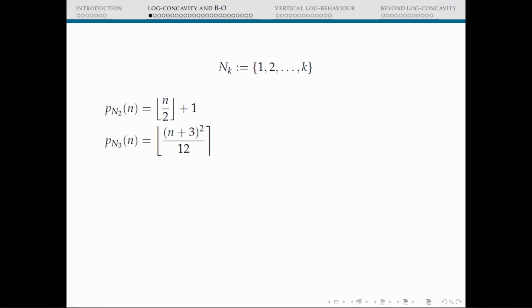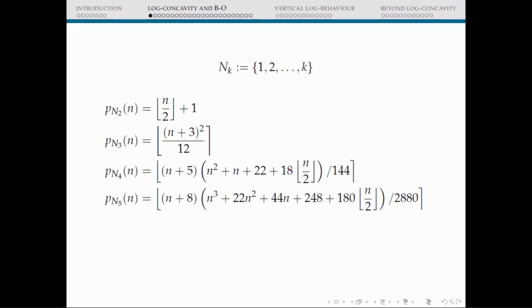This bracket means that it is rounded to the nearest integer. So in particular, one needs to show that this is never half of an integer. It's not very difficult. And there are many more such formulas for the set N_k.